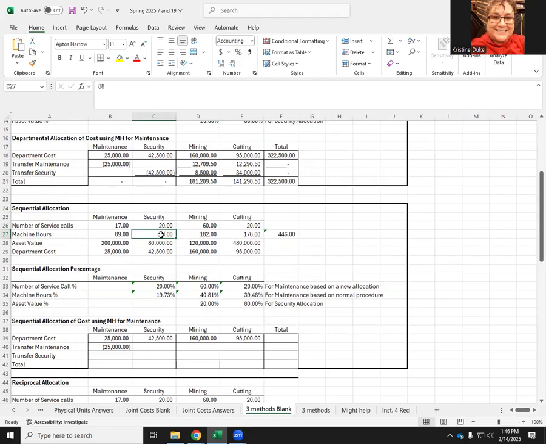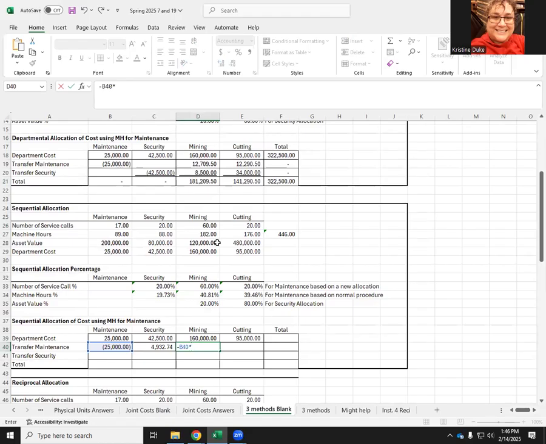So right now I'm adding up the security, the mining, and the cutting, and I have 446 machine hours. So I'm going to take this negative 25,000 and multiply it by this divided by that, just for simplicity's sake. See, it's actually kind of an ugly number there, isn't it?